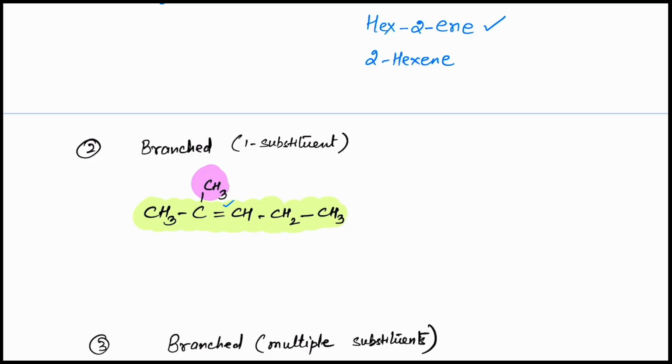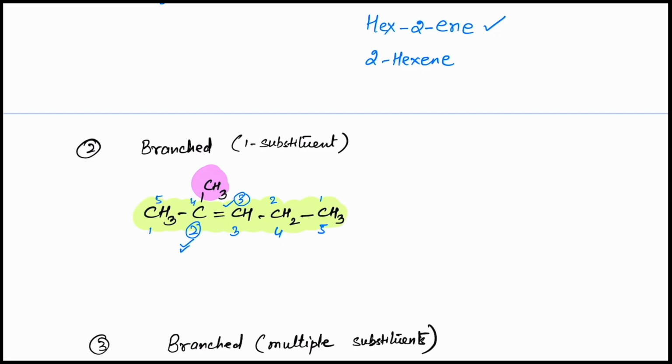Let's start naming now. Numbering from the left to right, we can see that the length of the chain is 5 carbon atoms, and numbering from right to left, we will see that the double bond can be written as either at position 2 from the left or position 3 from the right. We will pick the lower number.